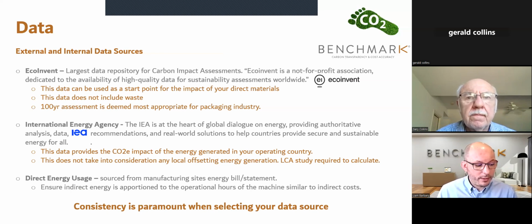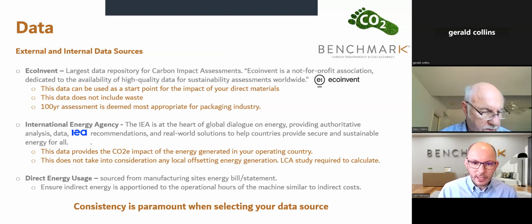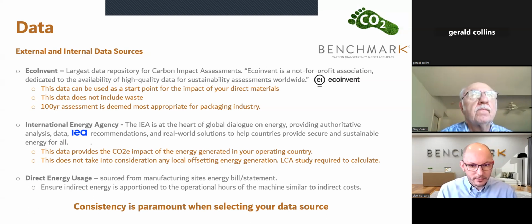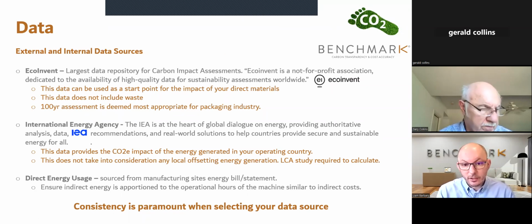The detailed life cycle assessment data in some of these databases is sometimes captured in a slightly different way, and consistency in carbon modeling is paramount if you want to have a number that you can really publish externally and have it stand up to scrutiny.